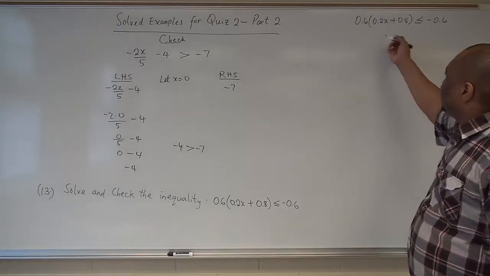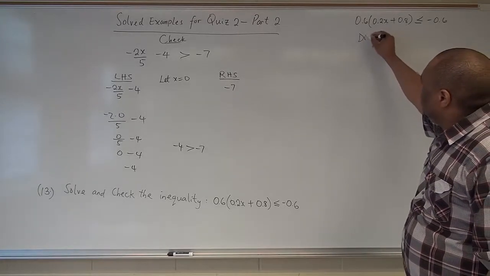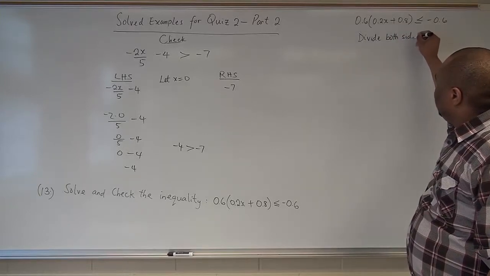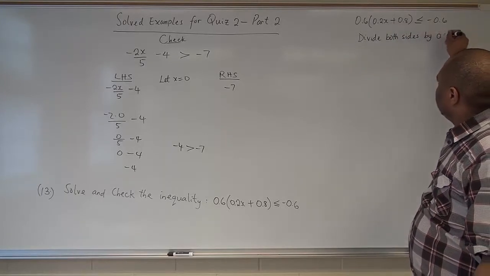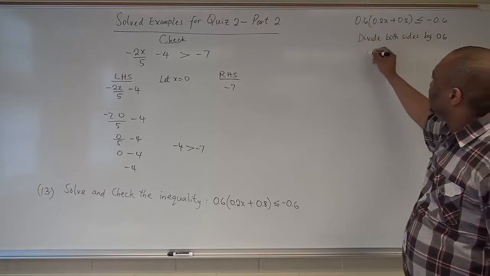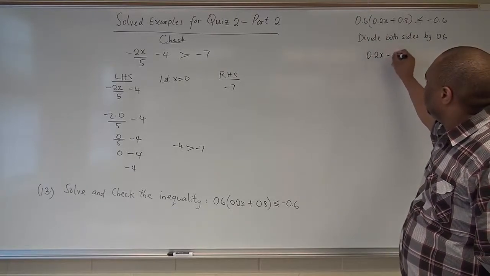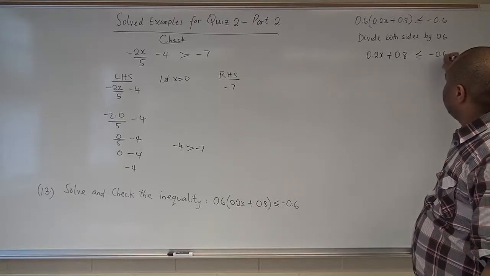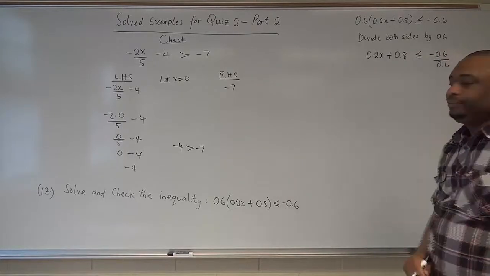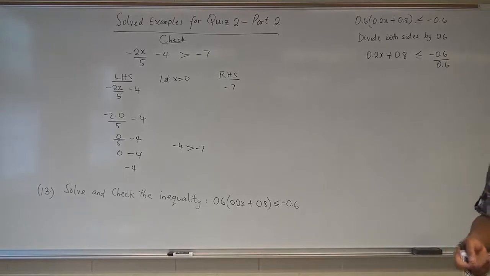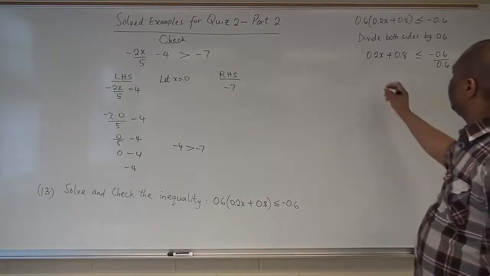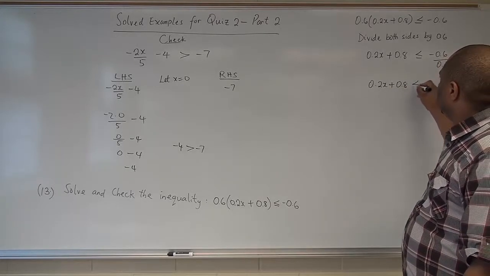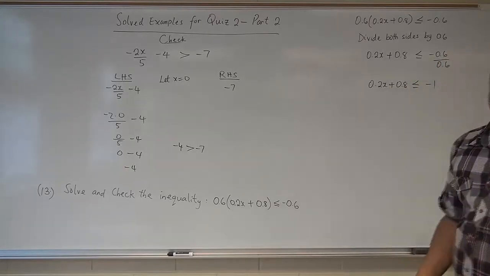So this is now 0.2x plus 0.8 is less than or equal to negative 0.6 divided by 0.6. Please view the videos I did on inequality. So this is now 0.2x plus 0.8 less than or equal to negative 1.